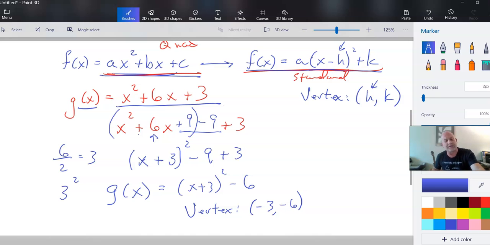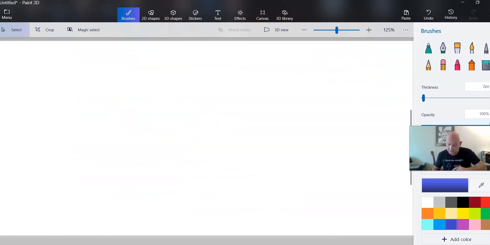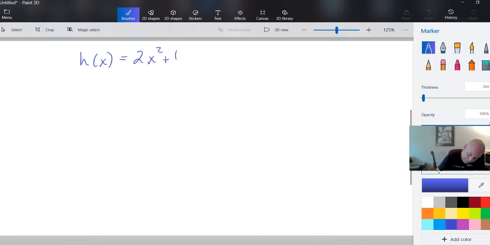Okay, so let's take a look at another example here. Now, this next example, let's say I have h of x, and h of x looks like this. Okay, so we have the same issue.